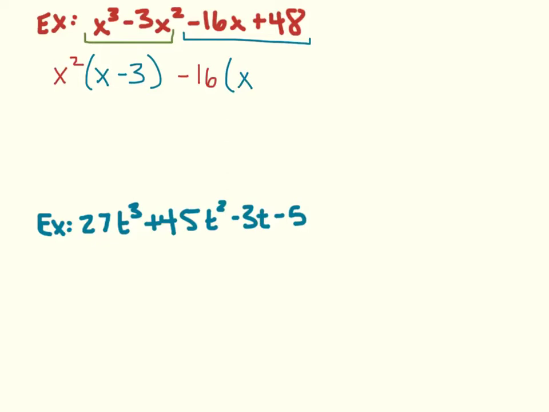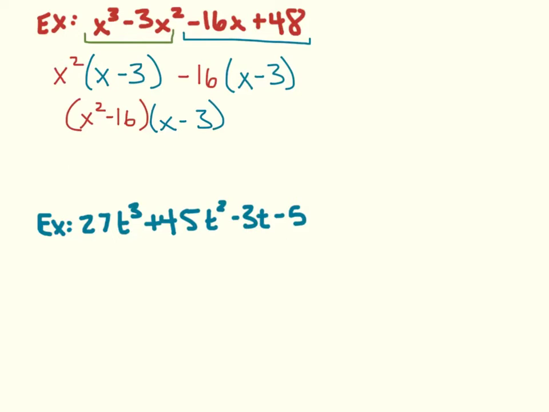Now, 48 divided by negative 16 is negative 3. Alright, since we have x squared times x minus 3 and negative 16 times x minus 3, I can group these as x squared minus 16 times x minus 3.